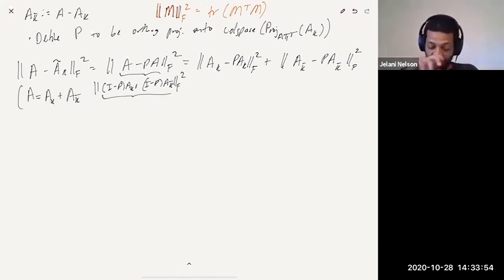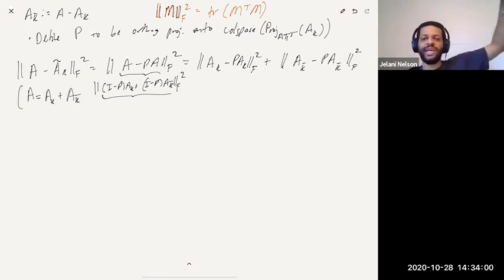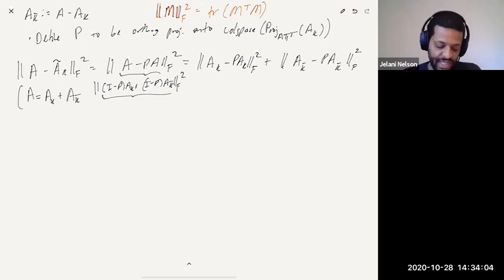And the point is, if you look at it, you're going to have terms that look like A K bar transpose A K, the cross terms. And those cross terms are zero, because A K and A K bar have orthogonal columns. Because remember, what is A K?